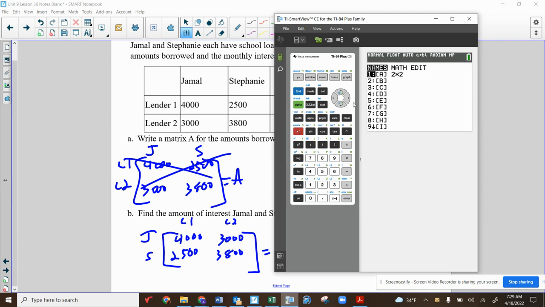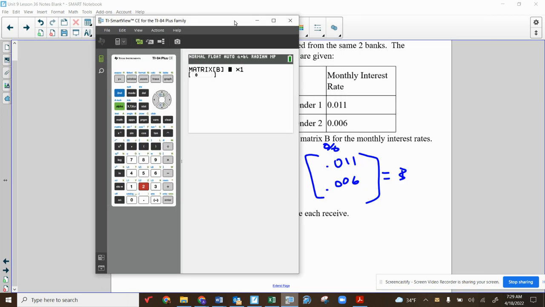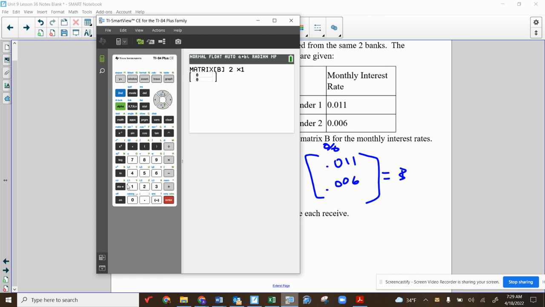All right, now we're going to edit matrix B. Okay, and that is a 2 by 1. Now, if you accidentally type in 1 by 2, you would notice that it wouldn't line up the same way. Go back and fix it.